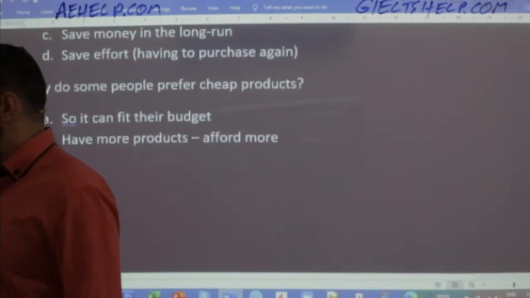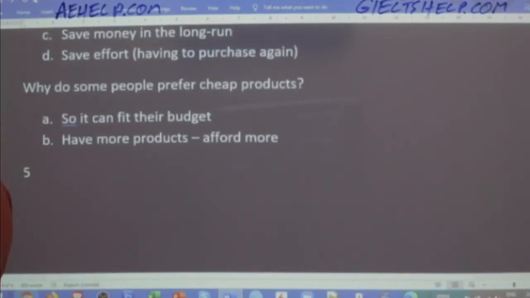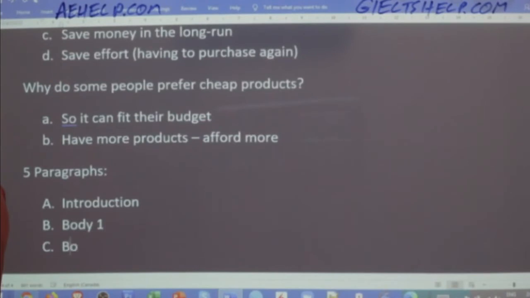Okay, so we're going to have 5 paragraphs. Paragraph 1 will be introduction. Paragraph 2 will be body 1. Paragraph 3 will be body 2.